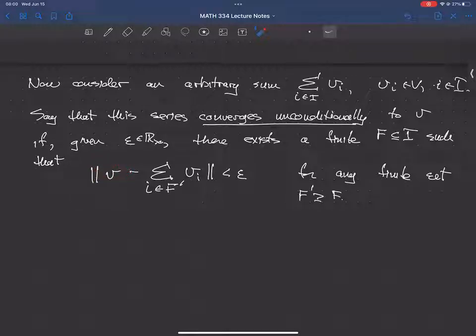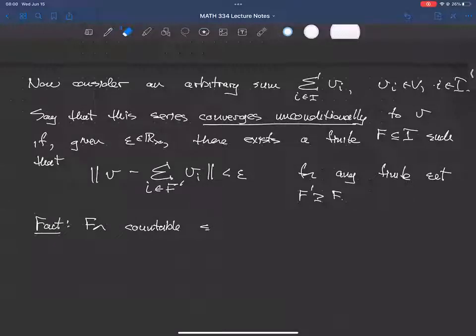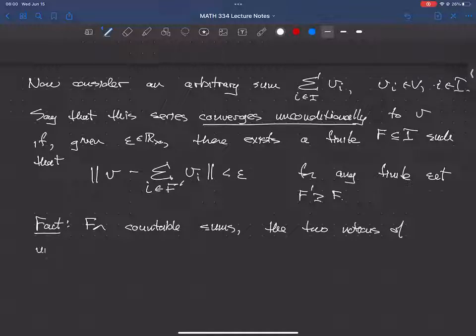Right. So that's unconditional convergence, and the fact for countable sums: I have two competing notions of unconditional convergence now, and in fact they're the same. So for countable series sums, the two notions of unconditional convergence agree.